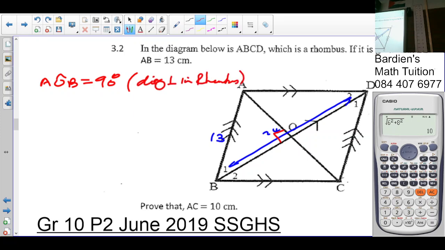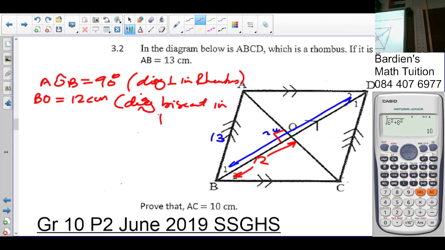Then we know that BO is 12 centimeters. Why? Because the diagonals bisect each other in a rhombus.